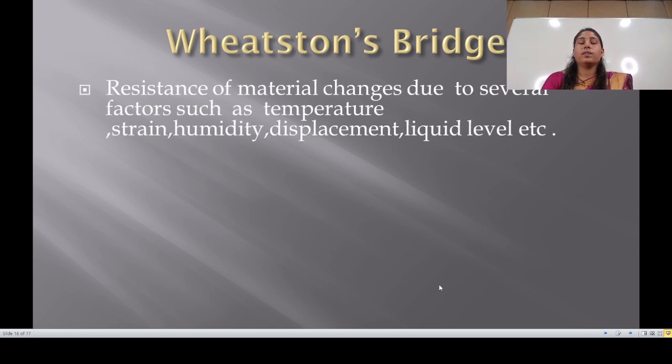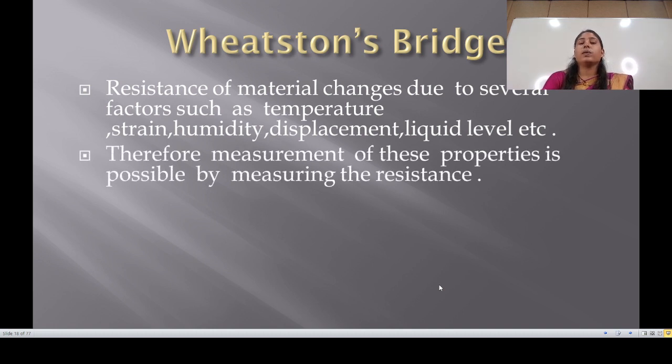Wheatstone bridge. Resistance of a material changes due to several factors such as temperature, strain, humidity, displacement, liquid level, etc. Therefore, measurement of these properties, that is strain, temperature, humidity, displacement, liquid level, is possible by measuring the resistance.